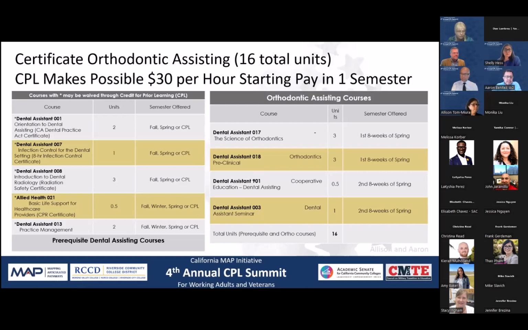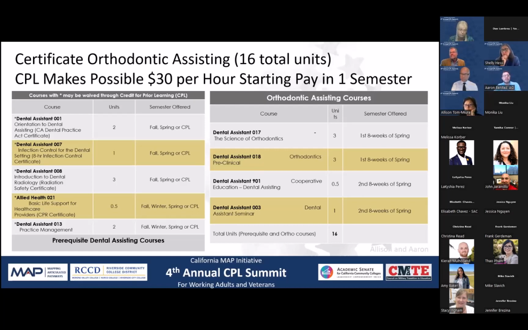The courses on the left that say prerequisite dental assisting courses are courses that you would take in the dental assisting program. Those classes give you a specific certificate that's required to become an ortho assistant, to get the license. So the actual major, quote unquote, major courses for ortho assisting would be the ones on the right, 17, 18, co-op ed, and 03.